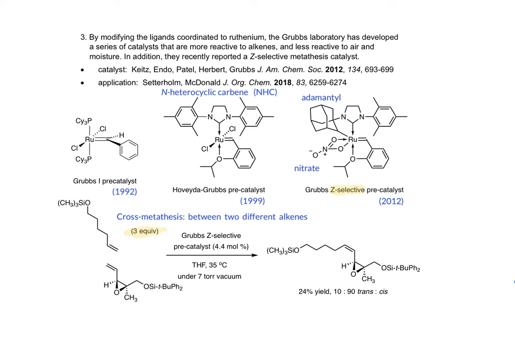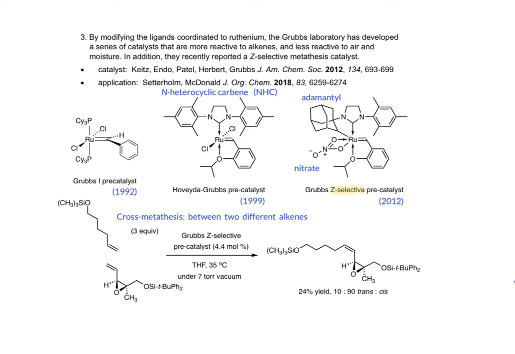In our application, the component in excess was not only the less substituted alkene that would preferentially initiate the catalytic cycle with ruthenium, but it was also more easily prepared. The alkenyl alcohol is commercially available, and so we simply had to add a trimethylsilyl group, whereas the epoxide substituted alkene required several steps to prepare.